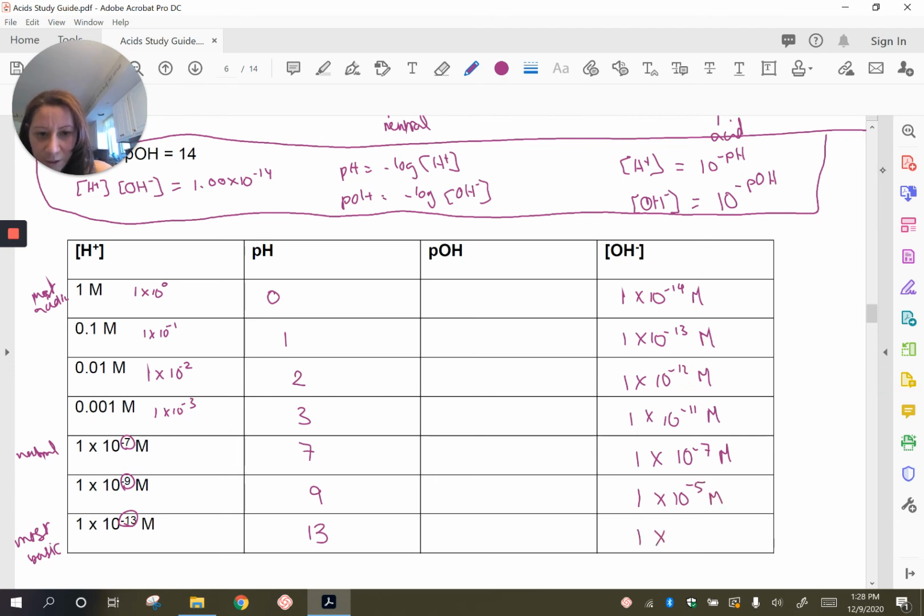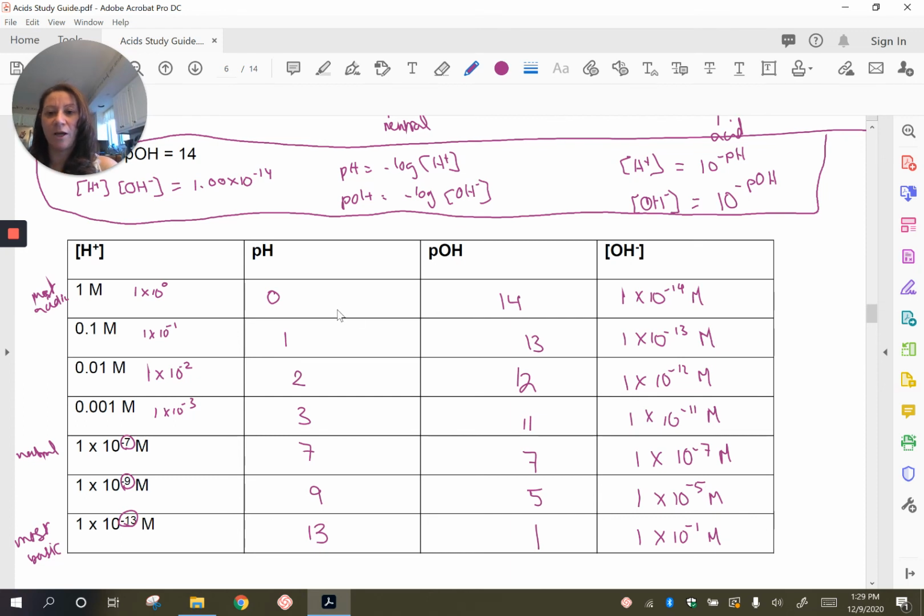And this is 1 times 10 to the negative 1st molar, or 0.1 molar, right? If I want the pOH, I take the negative log of the OH minus concentration. So this would be 14, this would be 13, 12, 11, 7, 5, and 1.